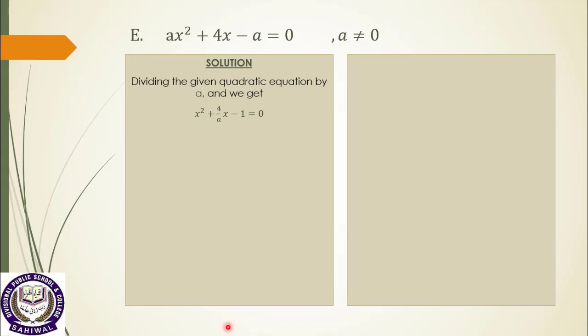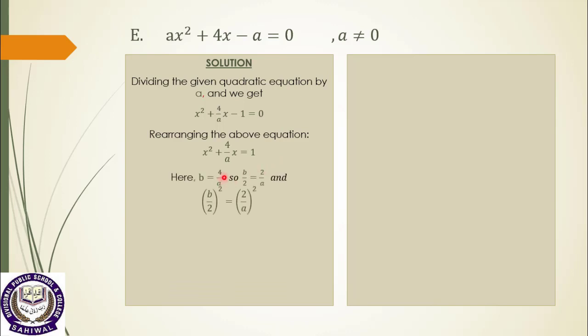Dividing the given equation by the coefficient of x square, that is a, we get x square plus 4 over a x minus 1 equal to 0. Rearranging this equation, we move the constant term from left hand side to the right hand side, and get x square plus 4 over a x equal to 1.